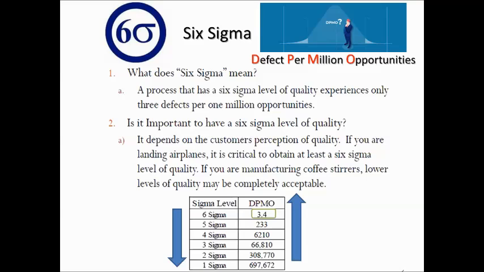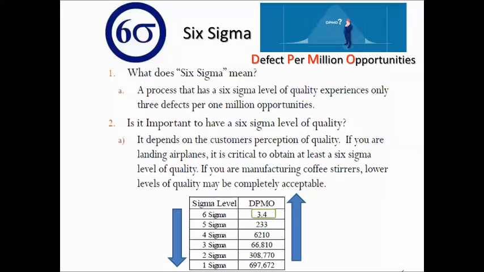So you have to keep in mind the level of sigma: 6 sigma is the highest, where the defects per million opportunities is only 3.4.